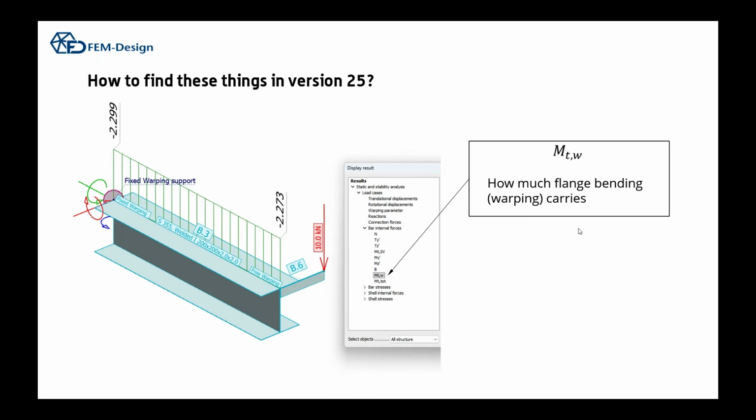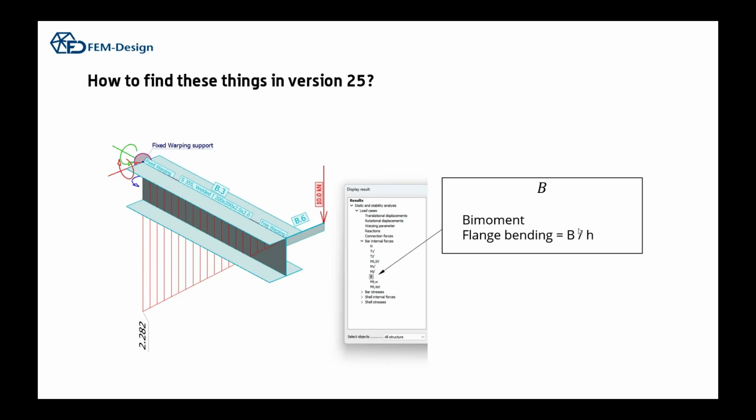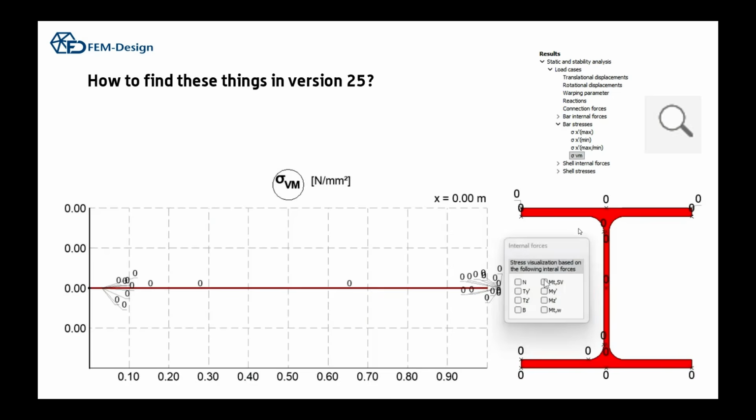And mT total means that if you sum up these two, might be plus and minus together, then you get this total external torsion of the section. Then you have a bimoment, and the definition was the flange bending divided by height. But if you have a complex section, without flanges like an I-beam, then it's something else. It's divided to all of those beam fibers.